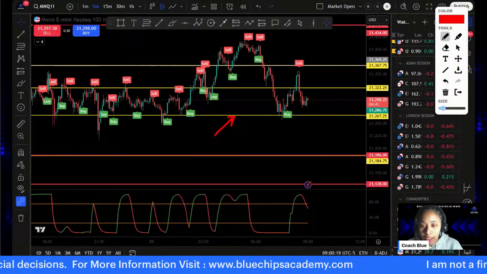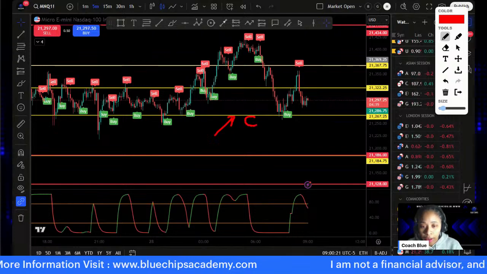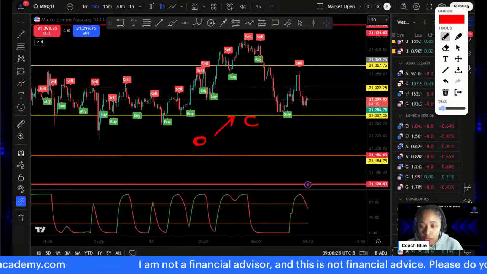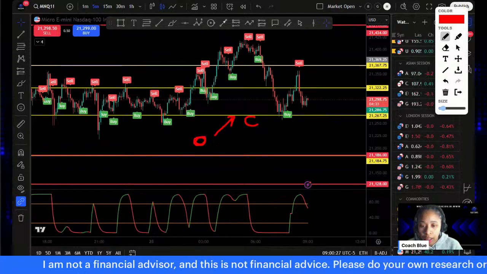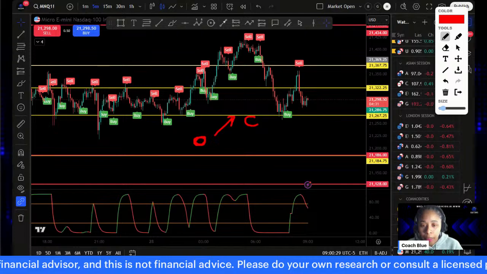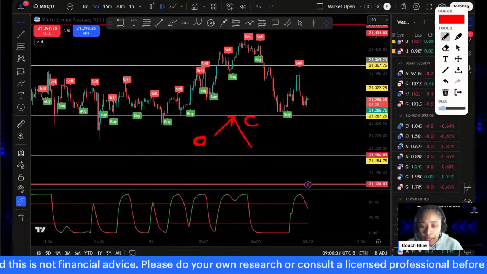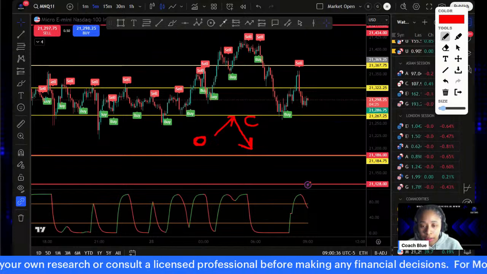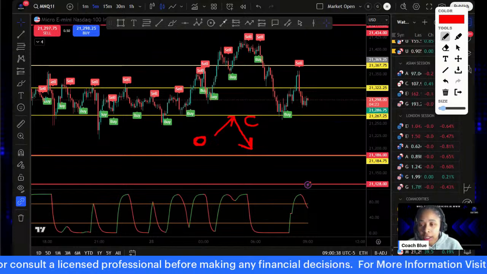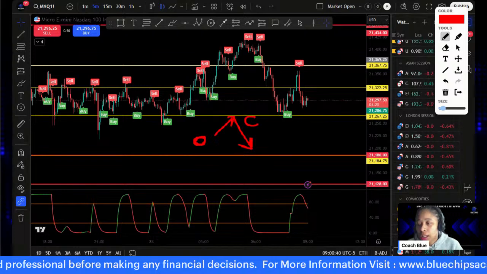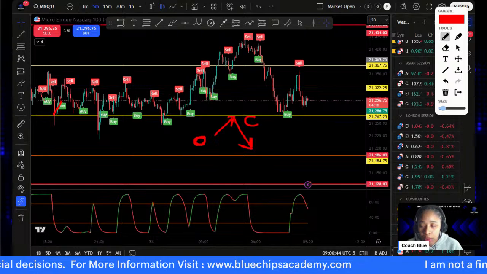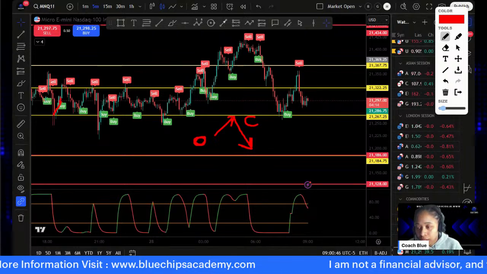Think of the analogy: if you throw the ball towards the ceiling, the natural reaction is for price to come down. In this case, every time price came to this 21,322 level, we found resistance.